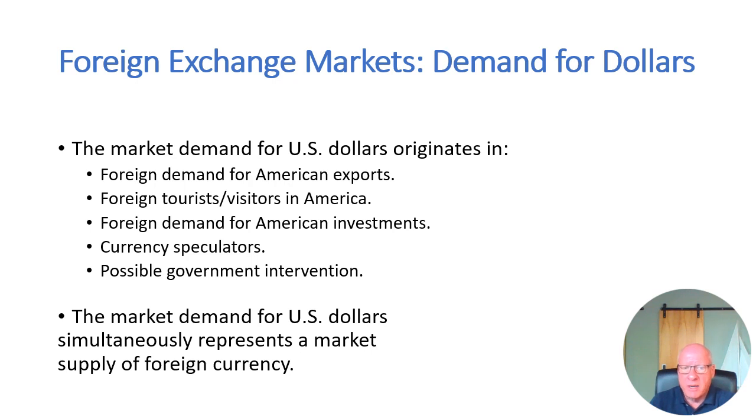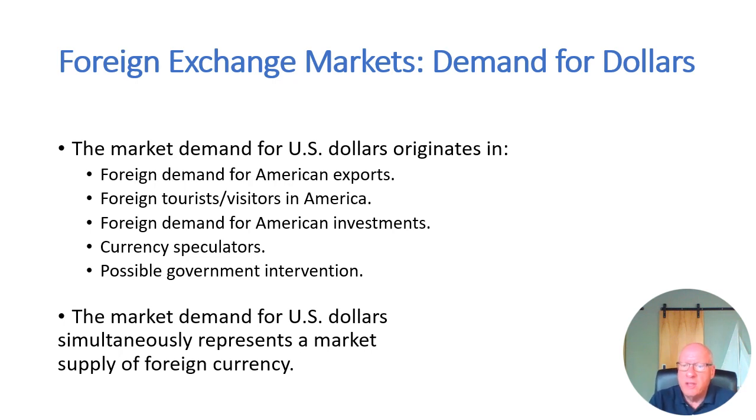Now remember, the market demand for US dollars simultaneously represents a market supply of foreign currency. Why? Because when you enter into a market for currencies, you're always buying one currency by supplying another currency. In this example we're using European foreigners, but it could be true for Mexicans or Canadians or anyone who's a foreigner to the United States trying to get hold of US dollars for all those reasons.